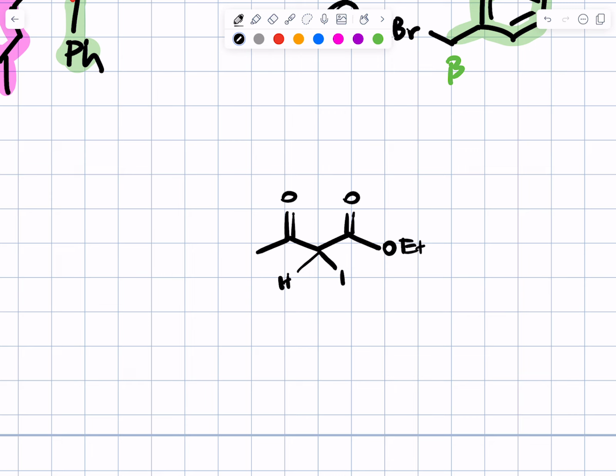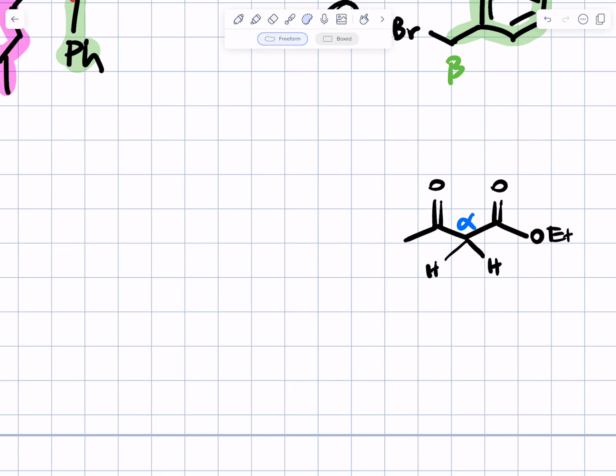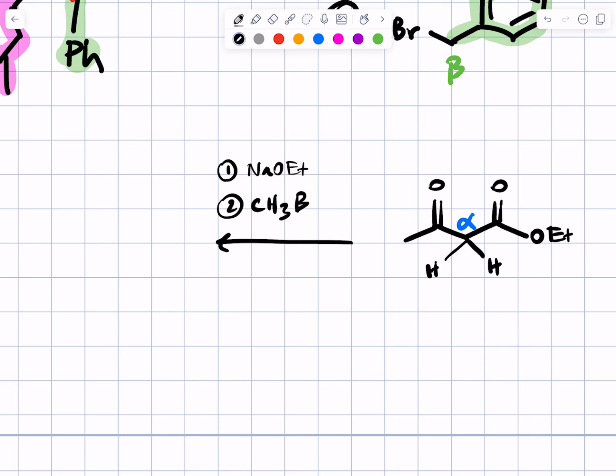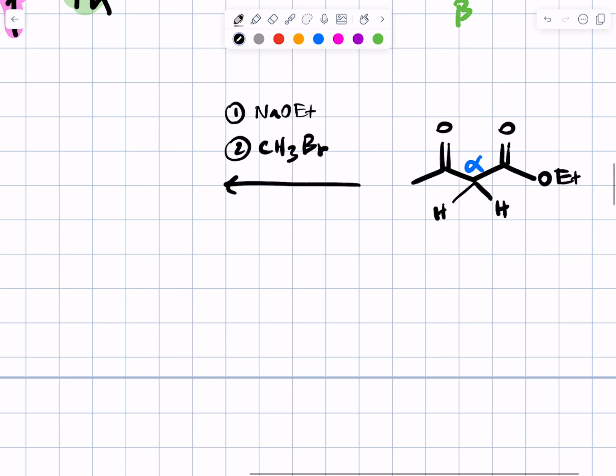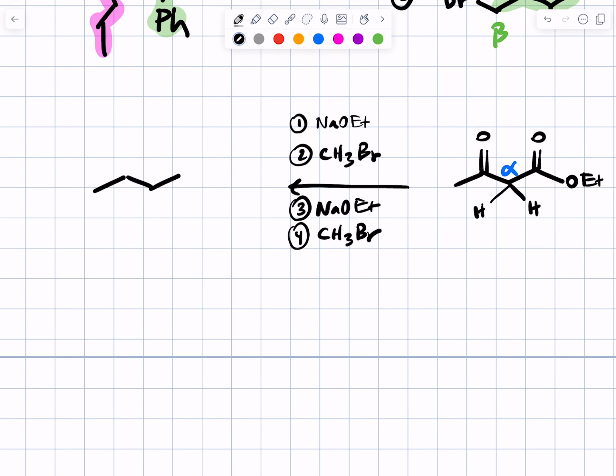Here's the 2 alpha protons, and here's the blue alpha carbon. And while it is true that I could do sodium ethoxide followed by a methyl group with a leaving group on it to make the monoalkylated beta keto ester, and then I could do a second round to install a second methyl group, all of that works great and should be pretty straightforward to you.